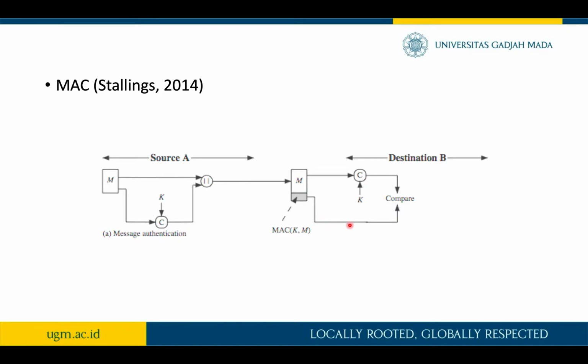And then after that, the receiver will generate the message authentication code using the same key. Then the receiver will compare the message authentication code generated by the receiver with the sent message authentication code here. If they are the same, then we can verify the integrity of the message.